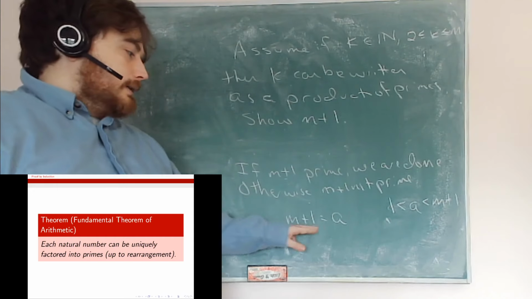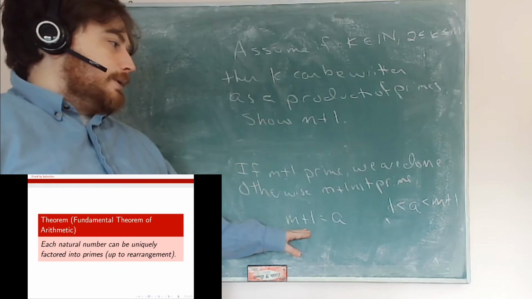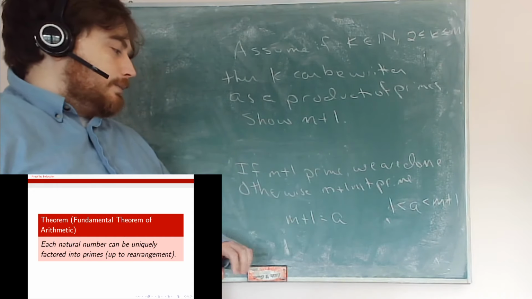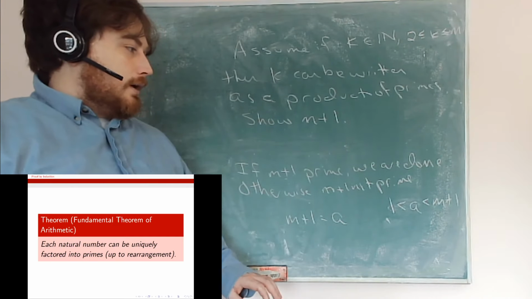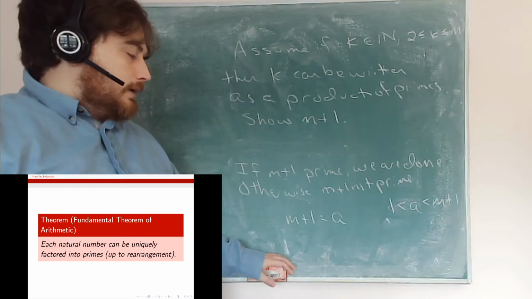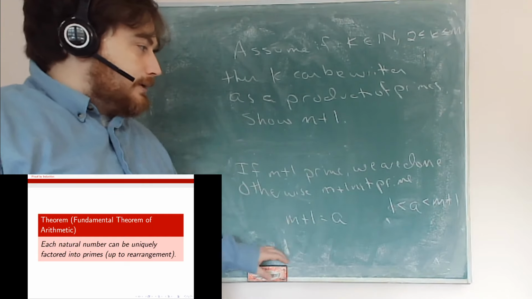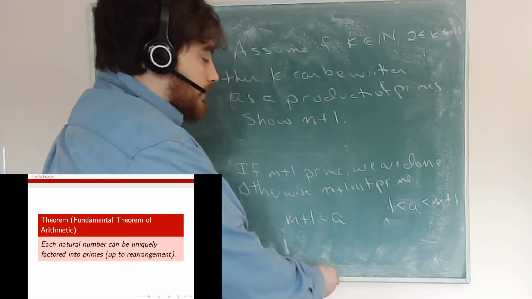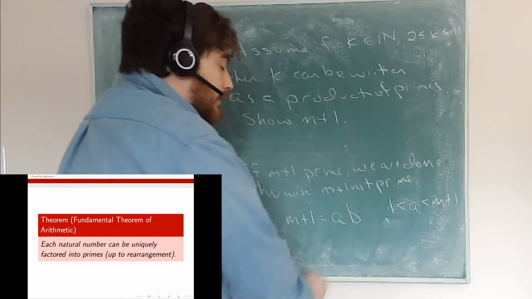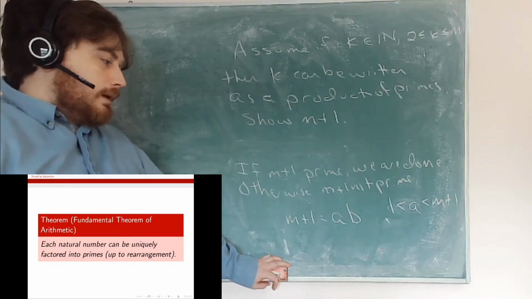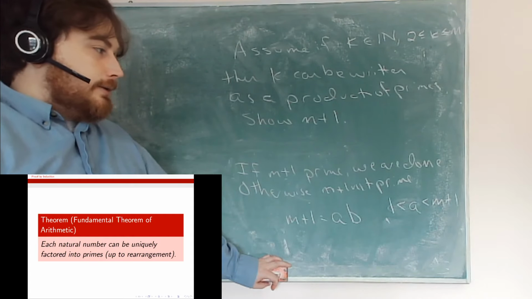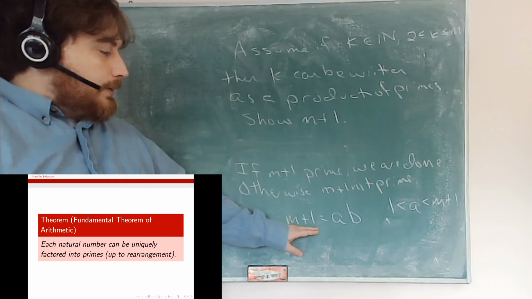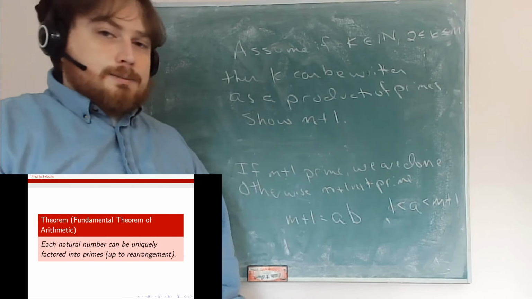Because if a is a divisor, it has to be less than or equal to m plus 1, but we're assuming it's not equal because this is not prime, so this is one of the divisors other than 1 and m plus 1. Well, that means that m plus 1 is equal to a times some integer, so let's say that integer is b. Because m plus 1 has a divisor other than 1 and itself, I can rewrite m plus 1 as a times b.